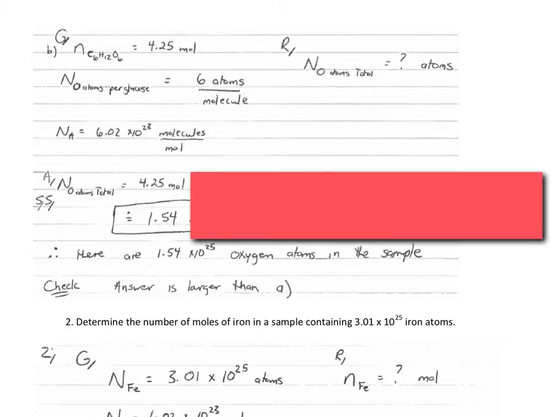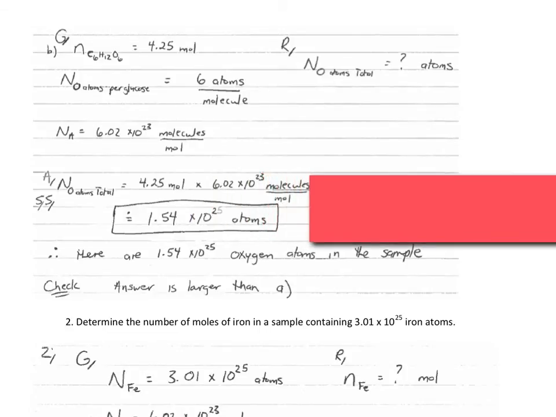I'm going to include this conversion factor in such a way that the moles are arranged numerator and denominator, and they can be cancelled out. I am now left with units of molecules, but I know that I want to get rid of molecules, and I need to incorporate atoms.